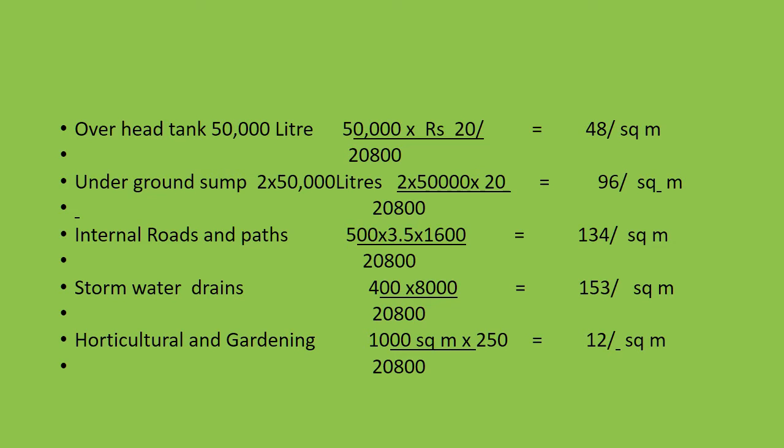Internal roads. Internal roads, you actually measure the internal roads. It is 500 meter and of 3.5 meter width into the cost divided by the total built up area. It is the same in the case of stormwater drains, horticultural gardening, etc.